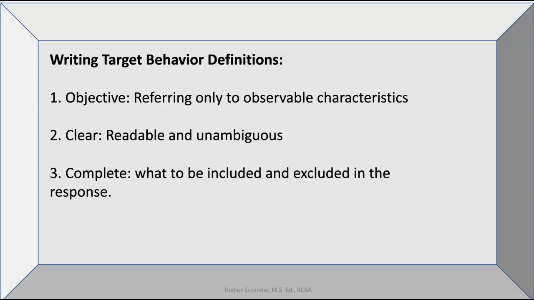The third one is complete: what is to be included and excluded in the response. You really have to write what we are looking at and what we're not looking at. If someone goes into the classroom and the definition is something like he will hit his peer, the peer who sits next to him, you may be looking at two behaviors: punching in the face and kicking in the stomach, for example.